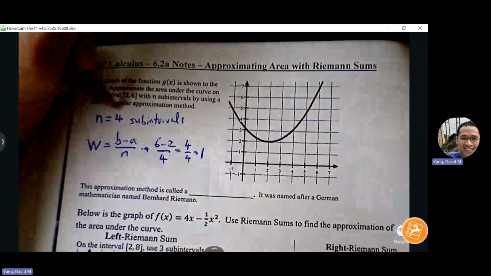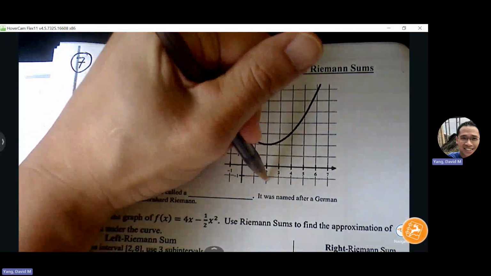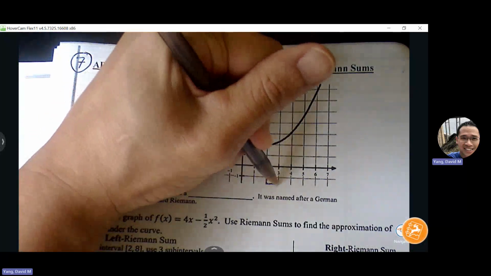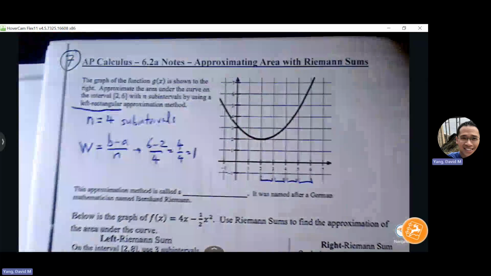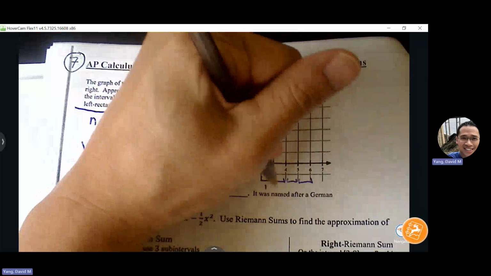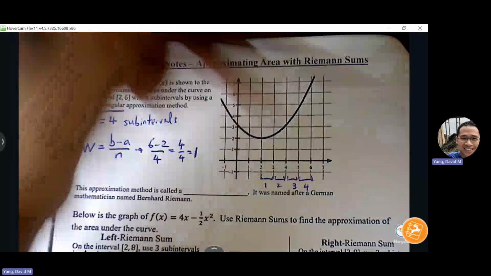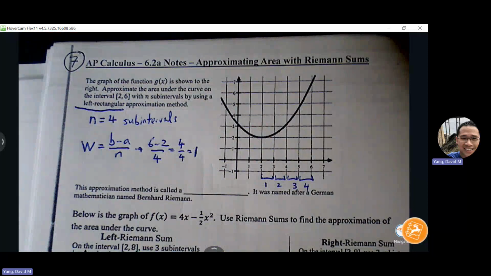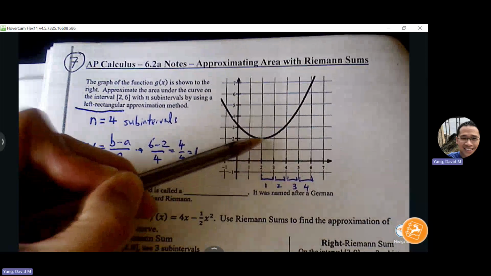We're going to do left rectangular method. So what we're going to do is from 2 to 6, going to help us see that we have these 4 subintervals here. First subinterval, second, third, and fourth subinterval. And we're only looking at this region between the graph and the x-axis. And for each left subinterval, we're going to attach to the curve.